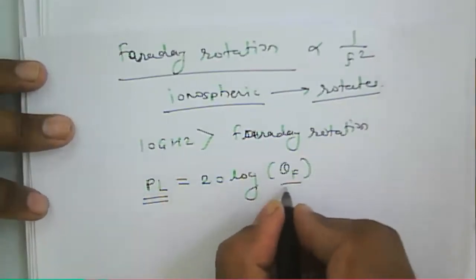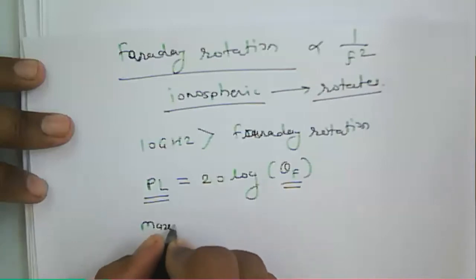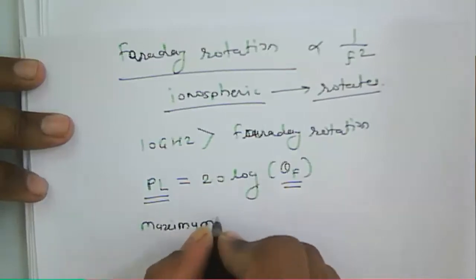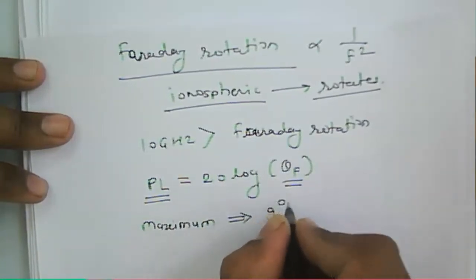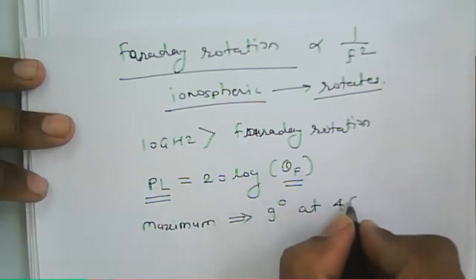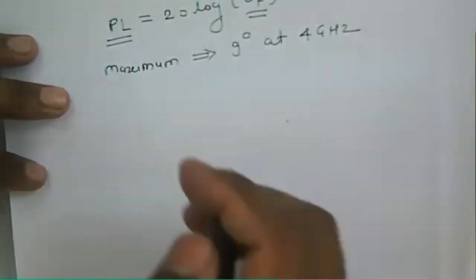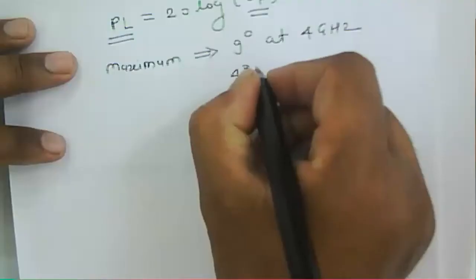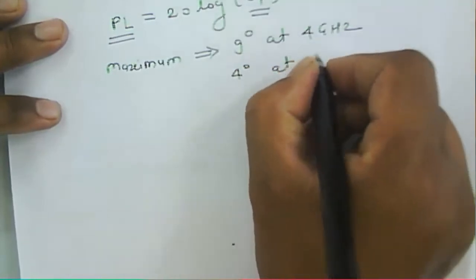And this value of the Faraday rotation, theta f, will be maximum at 9 degrees at 4 gigahertz, and maximum 4 degrees at 6 gigahertz.